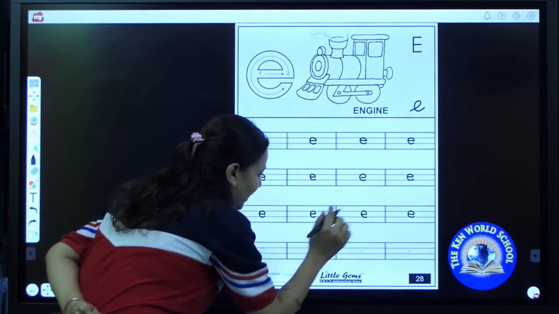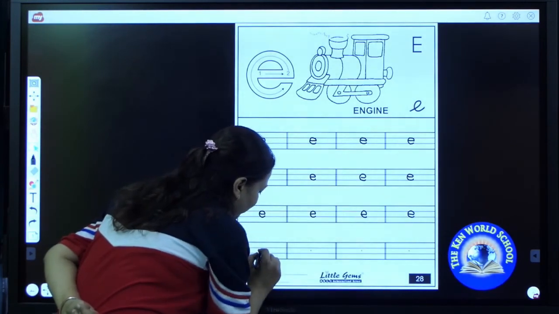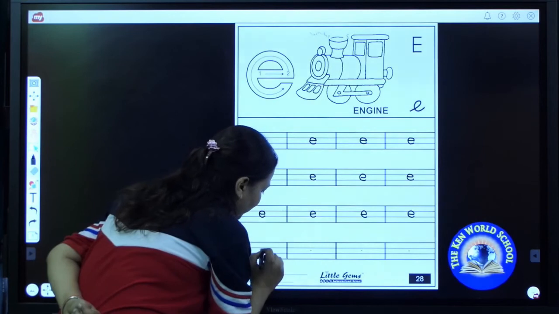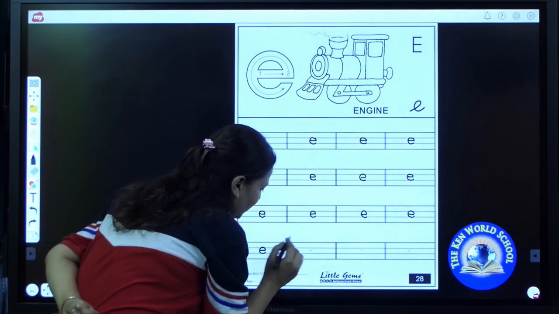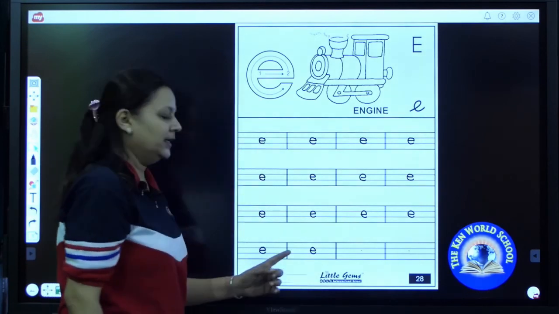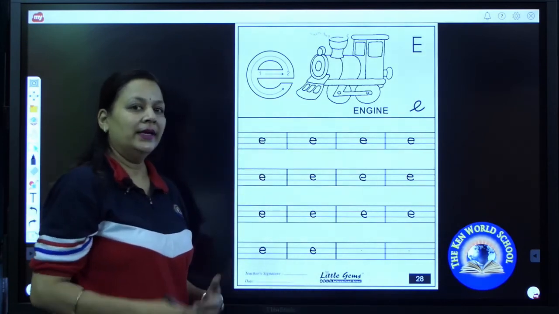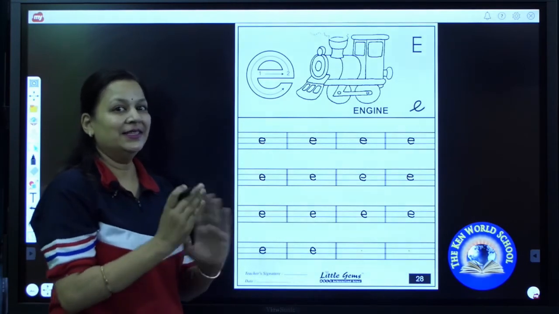We will start E from between the middle line and base line. Draw a sleeping line. Go up till middle line. Draw a curve till base line. E says eh. E as in engine.